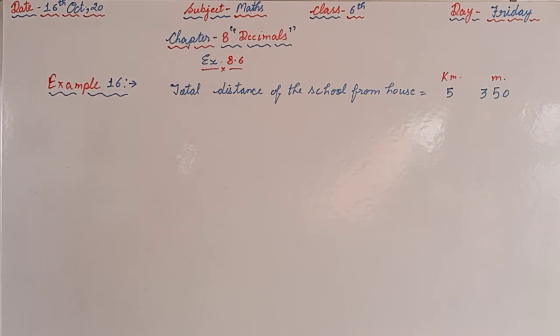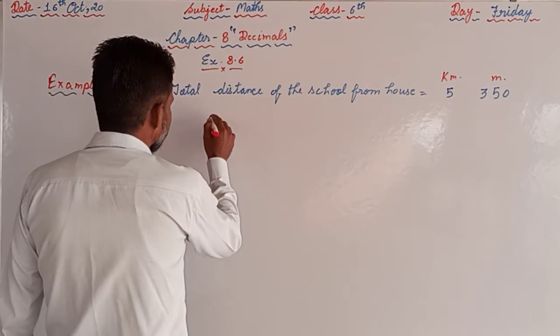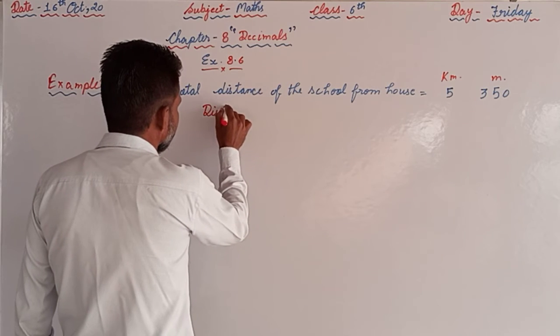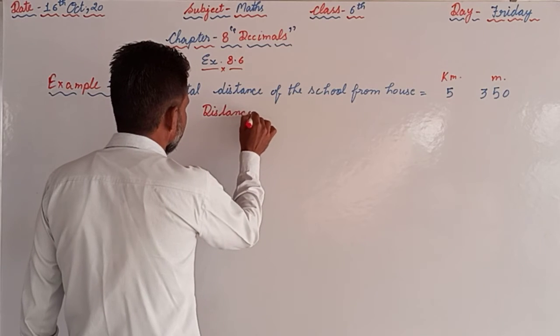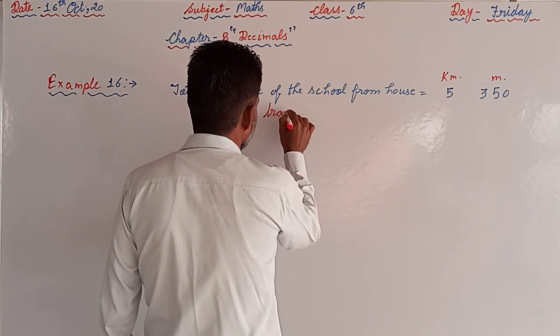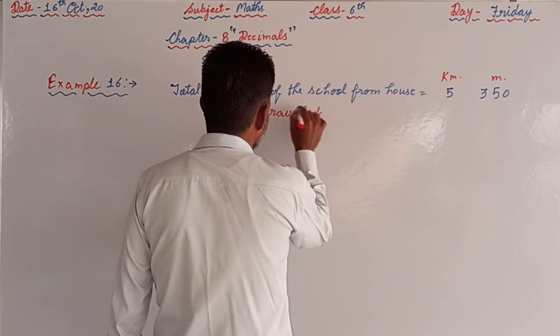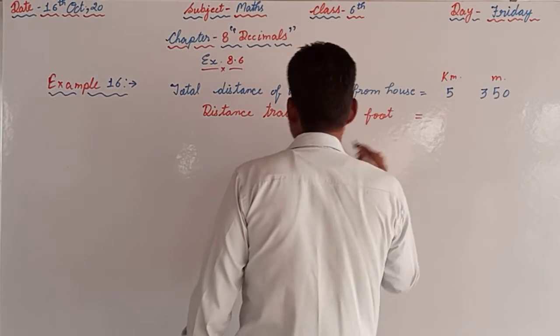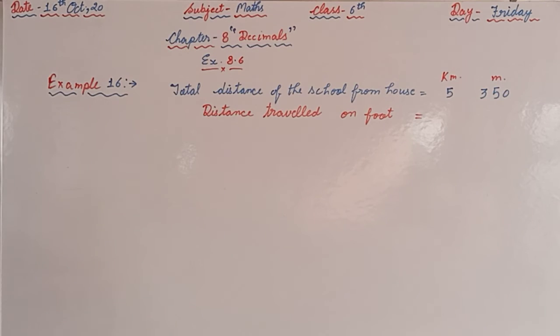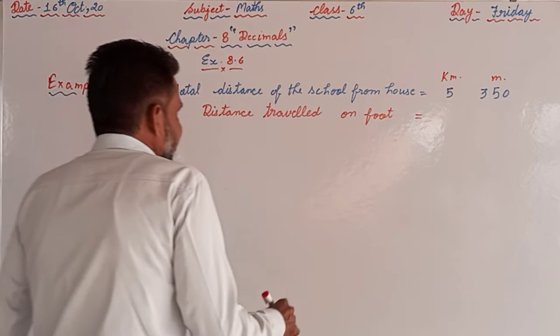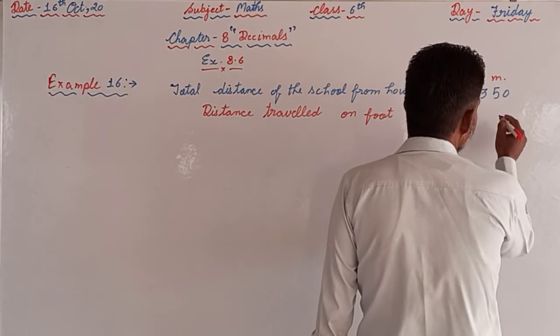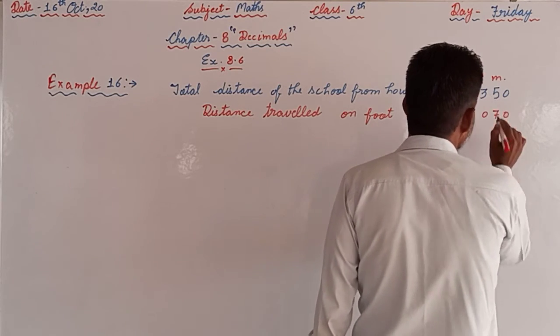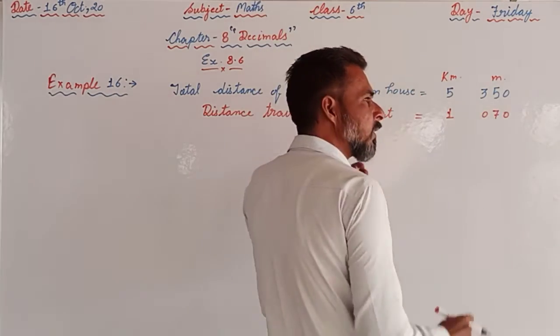Distance travelled on foot, that is 1 kilometer 70 meters. So we will write 70 at last and here 0. If we write 7 here, it becomes 700.